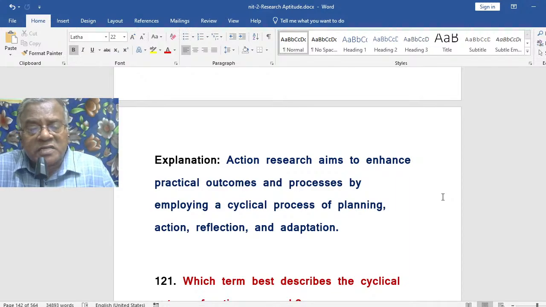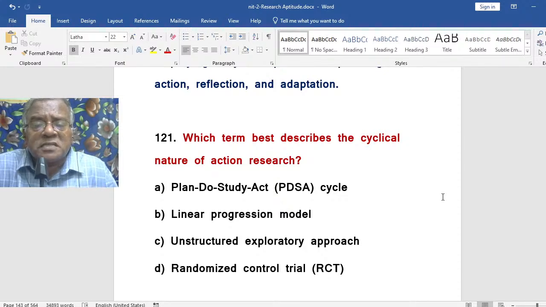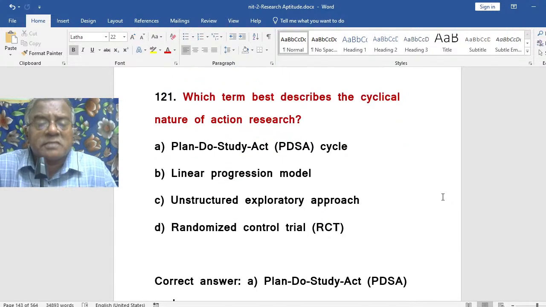Which term best describes the cyclical nature of action research? That is the plan, do, study, act cycle, the PDSA cycle we call it. Of course, there are different models, but for action research, this is the correct one.